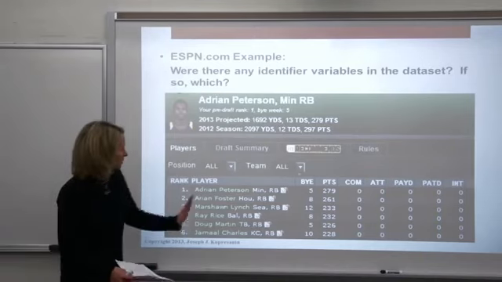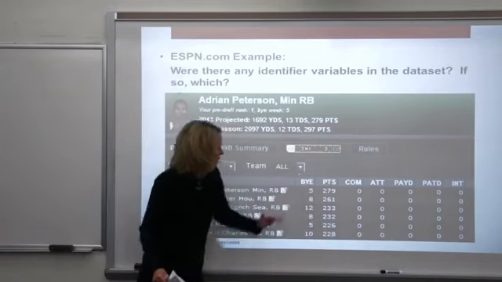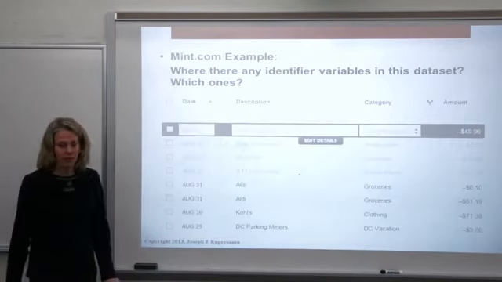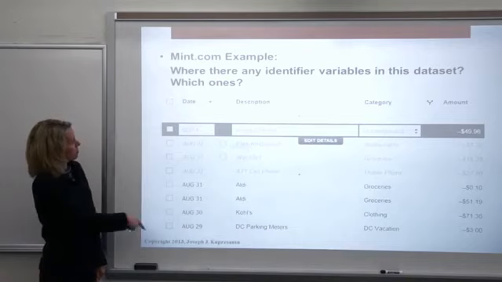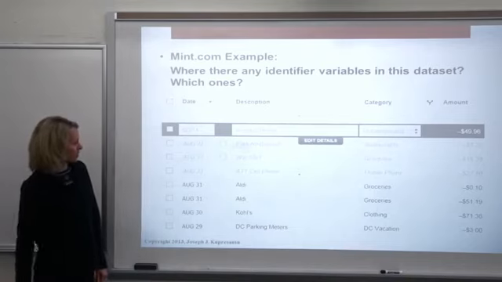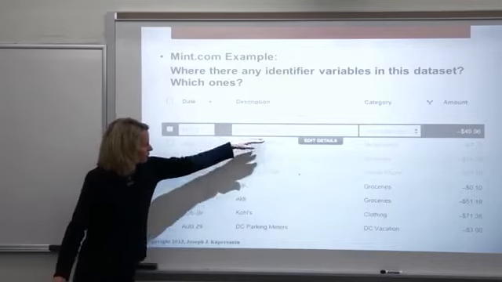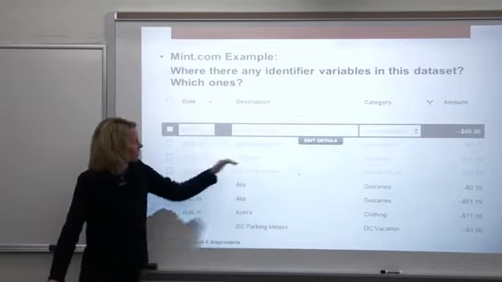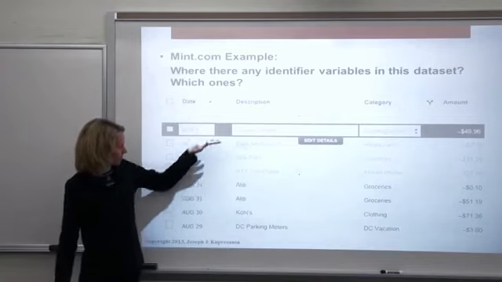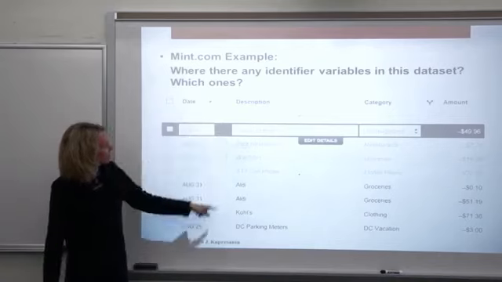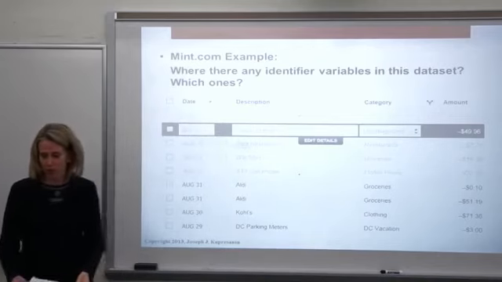All the rest of them from here on would be quantitative variables, I believe. In the Mint.com example with the financial transactions, the identifier variable in this one would be each description. Each one of these identifies a different transaction here and exactly where it was and what it was for. So that would be the identifier variable in this particular data set.